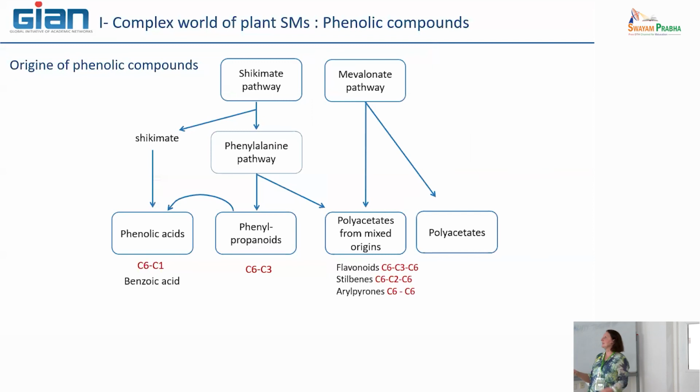But on another side, this shikimate pathway can be connected to the phenylalanine pathway that leads to the production of phenylpropanoids. And when you have the combination of both, you can increase the variety of scaffolds of these phenolic compounds.